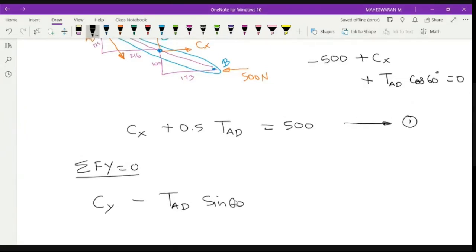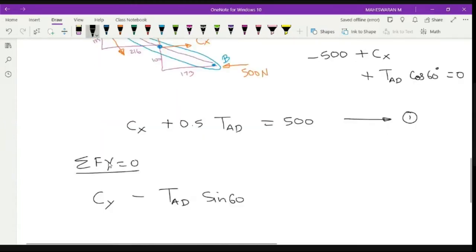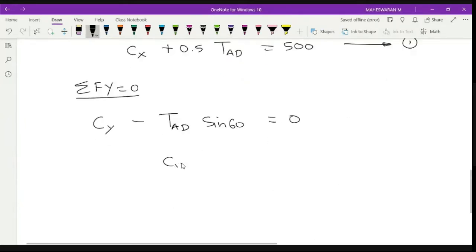Is there any other force? That's it, there is no other force. This is equal to 0. So in that case, I can write Cy is equal to 0.866 TAD. This is equation number 2.